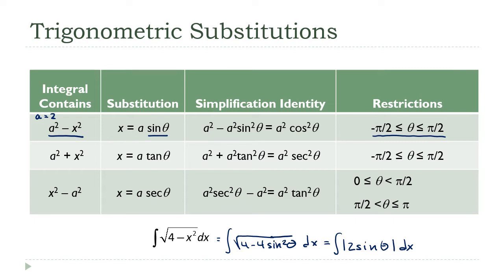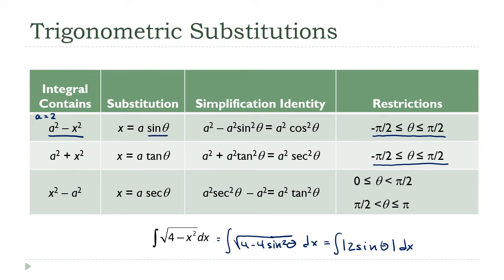So in this case, it's going to be okay to simplify the absolute value of cosine theta to just cosine theta. And with the tangent substitution, we get the same advantage. If we restrict theta to the same range, then again, we get every possible value of the tangent, and the secant is always positive. So when necessary, we can simplify the absolute value of the secant theta to just secant theta.